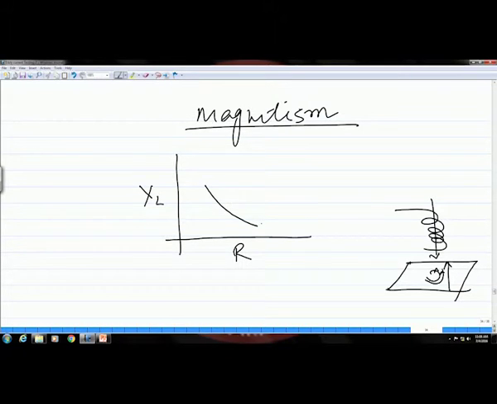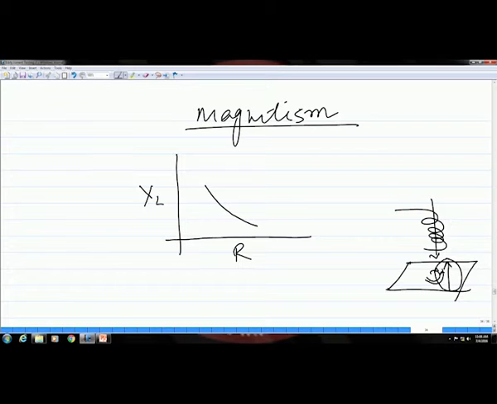Okay. Now, for some reason, if this magnetic field of the eddy currents is suppressed or overshadowed, then this decrease in the reactance will not happen. Okay. And that is exactly what is going to happen when you have a magnetic material, because in that case, when the eddy currents are induced, the magnetic material will have its own magnetic permeability, its own magnetic field, and the magnetic permeability of the sample will overshadow the magnetic field of the eddy currents.